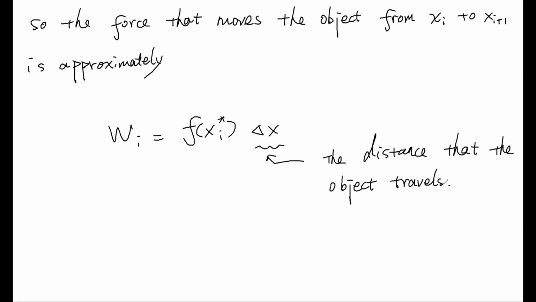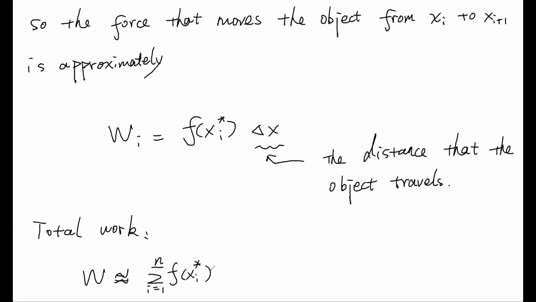But this is just one of the subintervals, and our goal here is to calculate the total work done by this force. So we need to add all the intervals. So the total work is the sum of the works in all the intervals. W is approximately equal to the sum from i equals 1 to n of f of xi star multiplied by delta x.